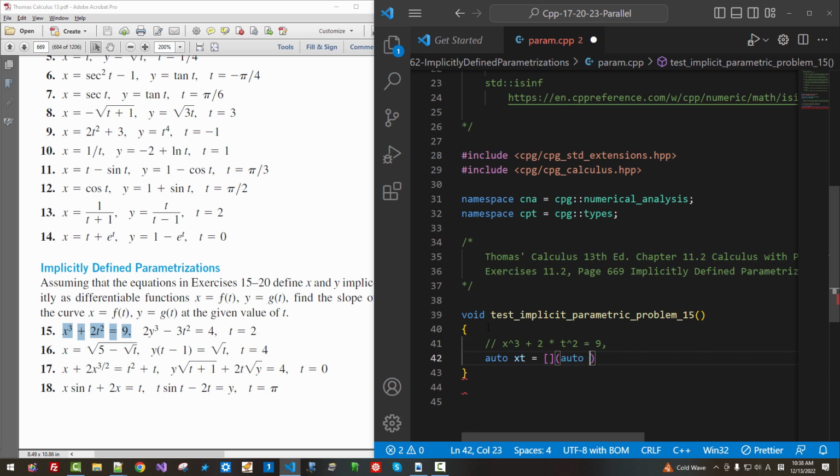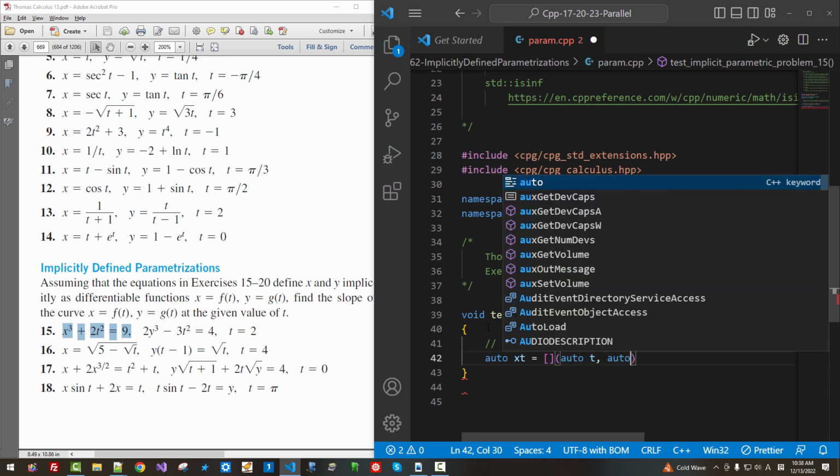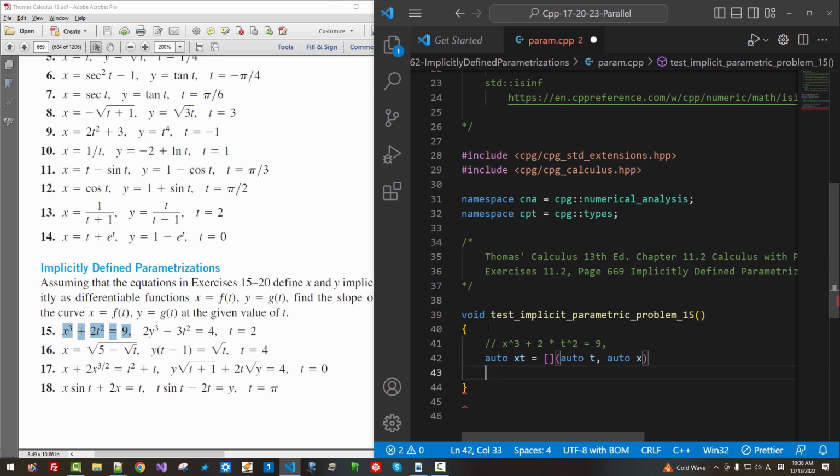We need auto t, auto x, semicolon, return x times x times x plus 2 times t times t. It should be like this. Okay, this is an implicit function.